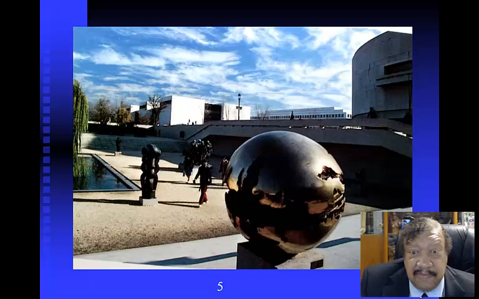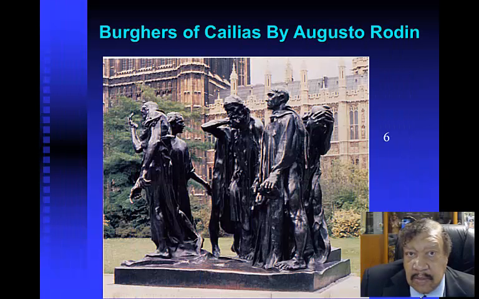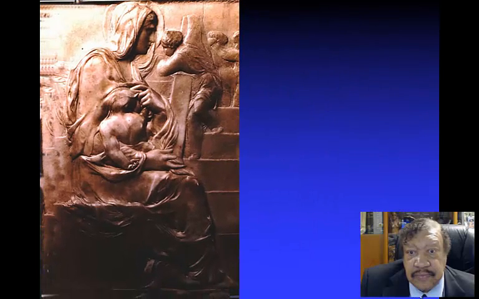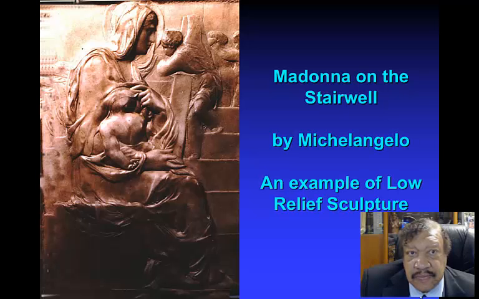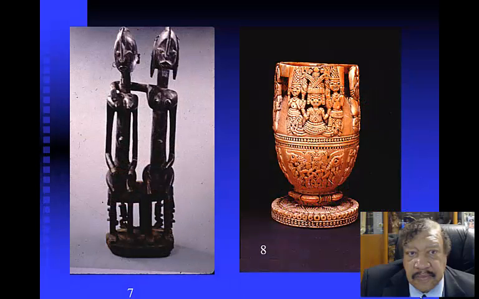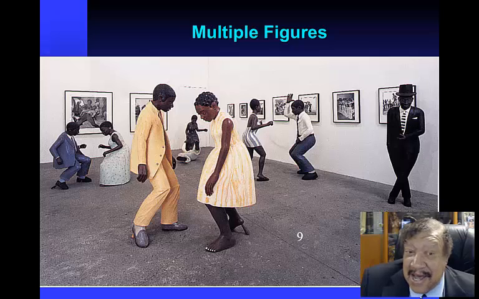How was it done? Number 5. How can it be outside? How was it done? Another piece by Rodin. Seven. Just one word. How was it done? 8. How was it done? 9.